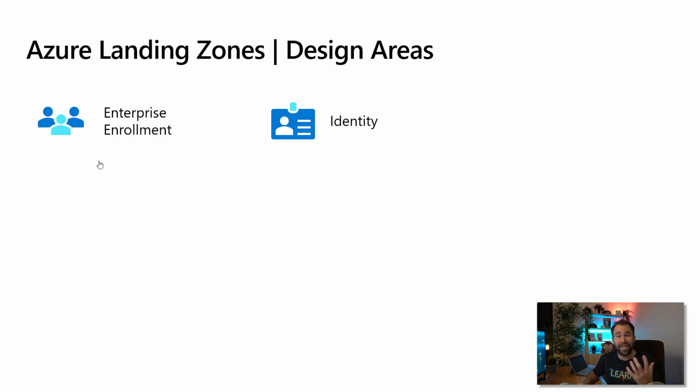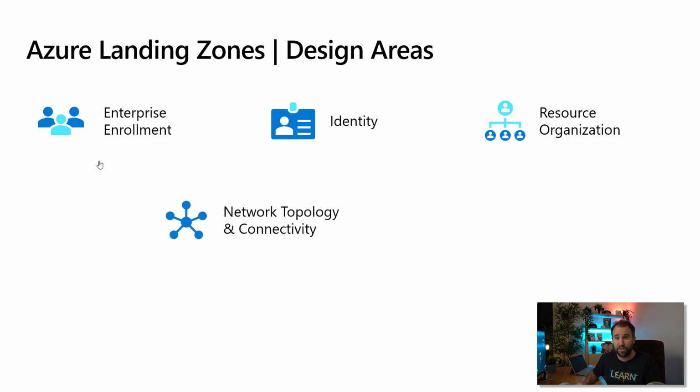Then, speaking about identities, how do we integrate where the user identities are coming from, which Azure Active Directory, and how do we use role-based access control and so on. And then how are resources organized in my environment? How do I deploy, for example, different subscriptions and management groups, and how do I organize my environment?